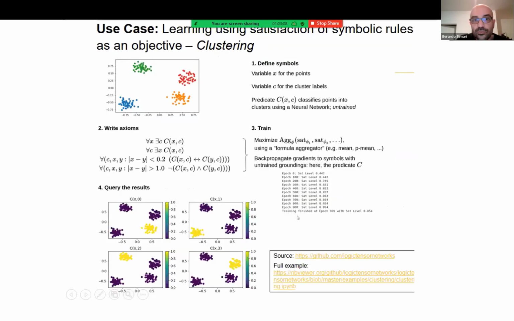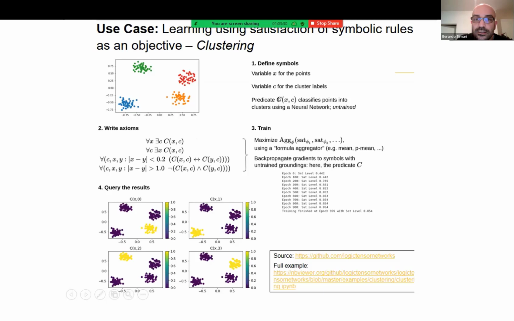Another one, which I'll only say a couple of things about, is clustering. You can also do clustering with this kind of thing, where the variables x are the points, and C is for the cluster labels. So there's one label for each cluster that you'll find.